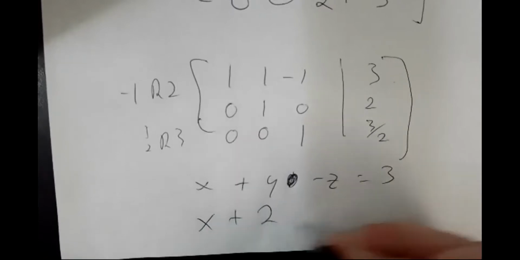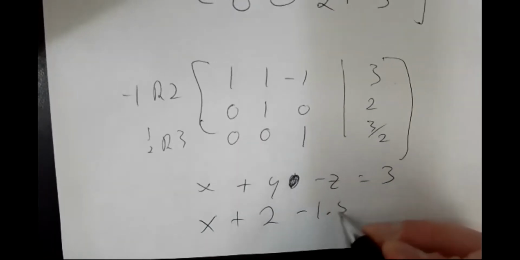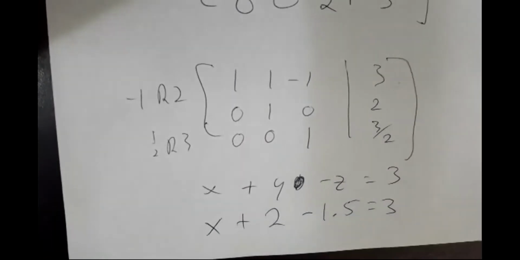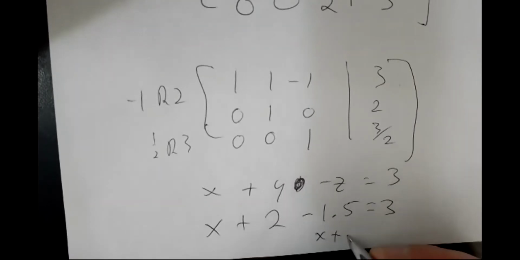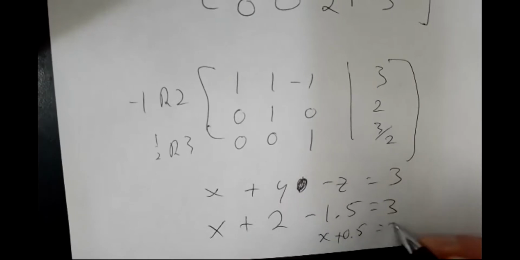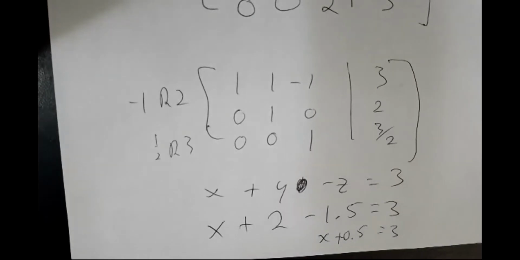X, what, plus 2? Or if you want to do minus 3/2, but that's kind of ugly. Here, hold on. That should give you 2.5, right? That's the thing, is I didn't.